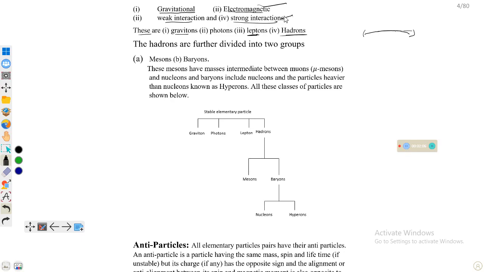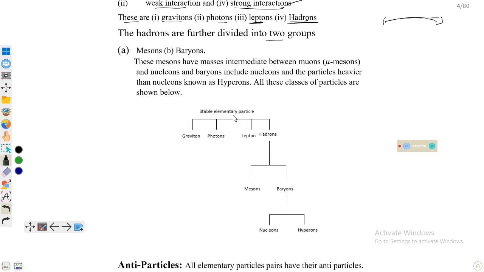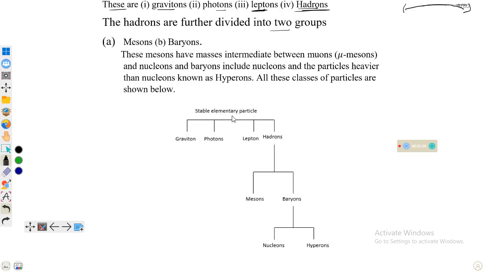The particles responsible for the mediation of these four forces are gravitons, photons, leptons, and hadrons. Hadrons are further classified. You can see from this diagram that we have stable elementary particles: gravitons, photons, and then leptons and hadrons.